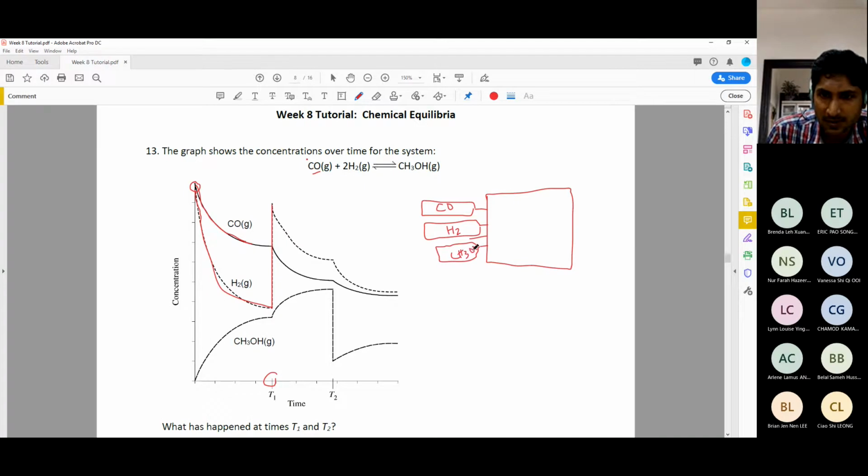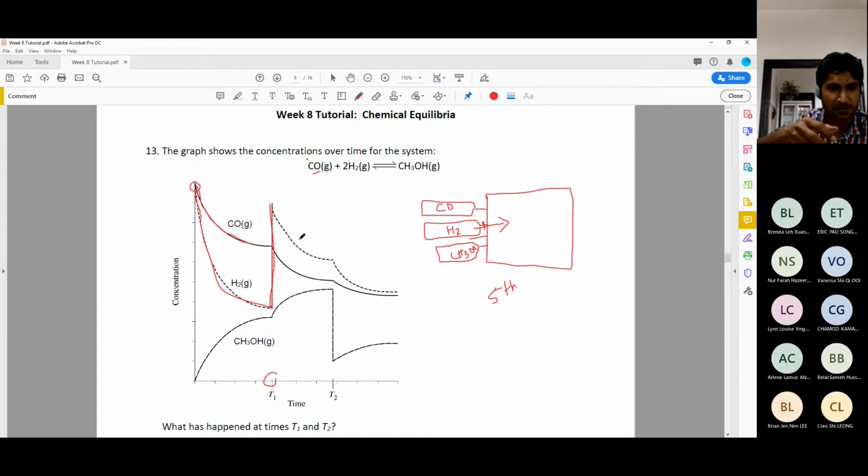Let's say at the fifth minute, I just open the valve of the hydrogen cylinder. Because it is high pressure gas inside the cylinder, the gas goes into the system at exactly the 5th minute.